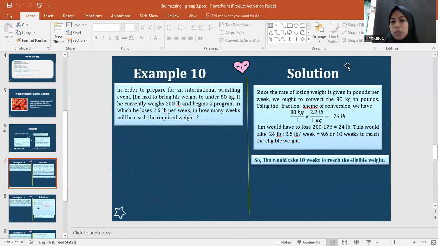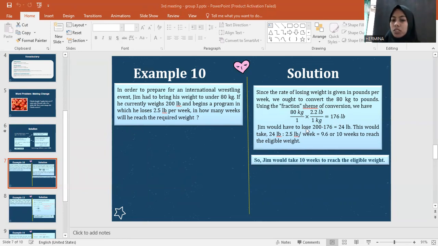The solution is, since the rate of losing weight is given in pounds per week, we ought to convert the 80 kilograms to pounds. Using the fraction system of conversion, we have 80 kilograms over 1 times 2.2 pounds per 1 kilogram, so it is equal to 176 pounds.